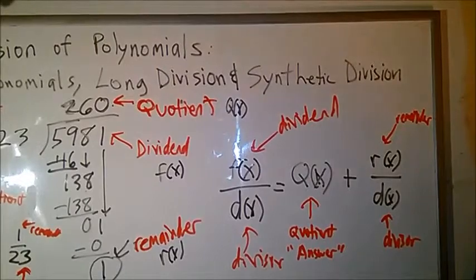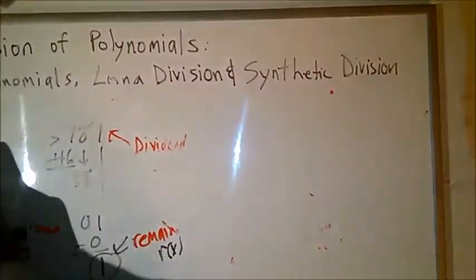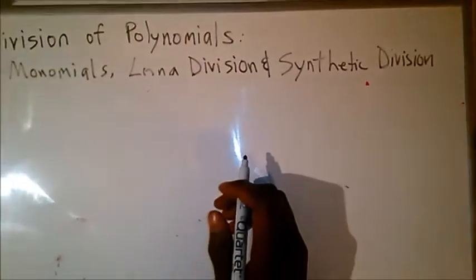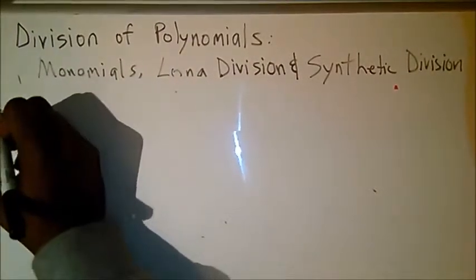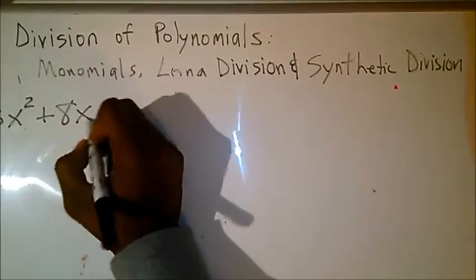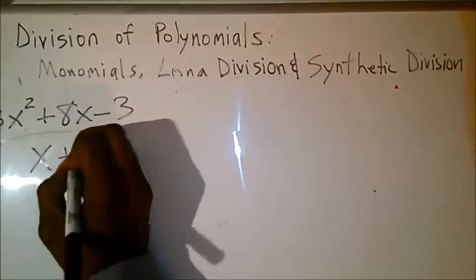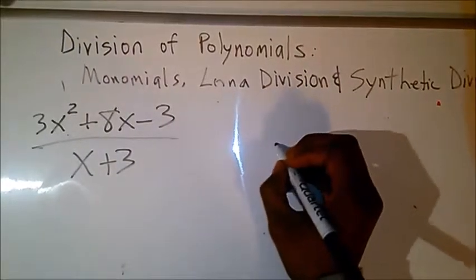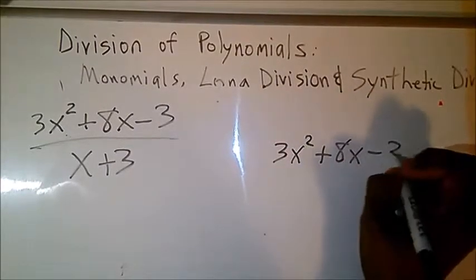Let's do this problem. How about 3x squared plus 8x minus 3 divided by x plus 3? Let's do it. 3x squared plus 8x minus 3.